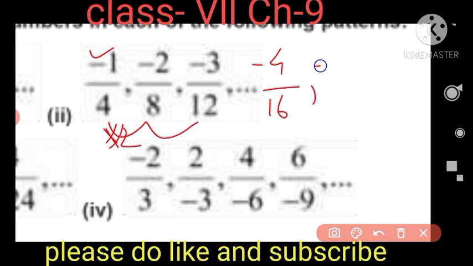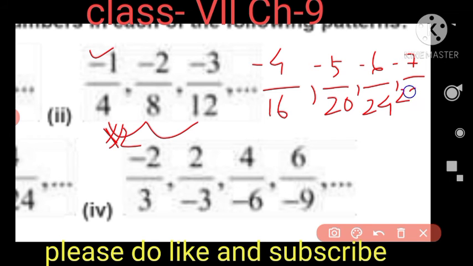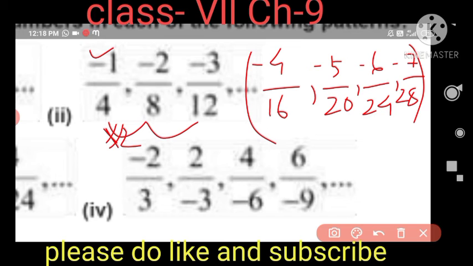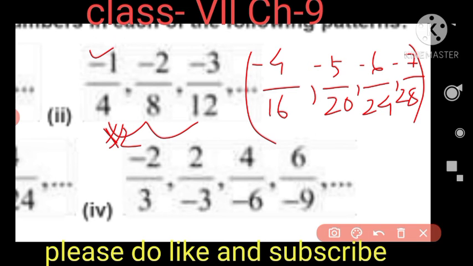Again next will be 5, and here it will be 20, and next will be 6, and here it will be 24, isn't it? Again next will be 7, and here it will be 28. These are the required 4 more rational numbers of this series.